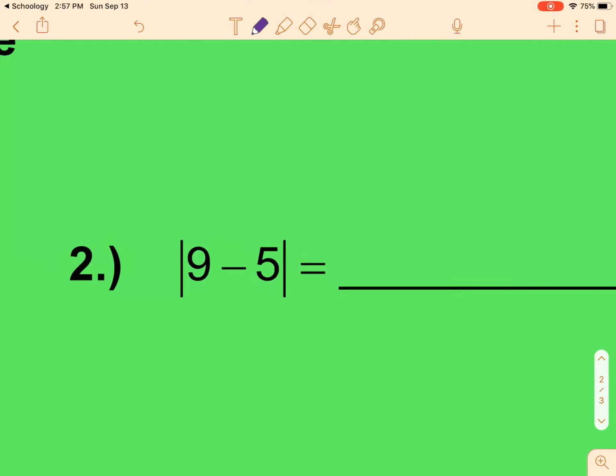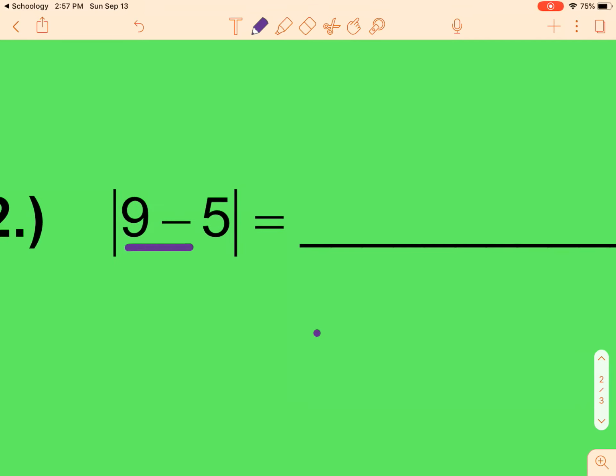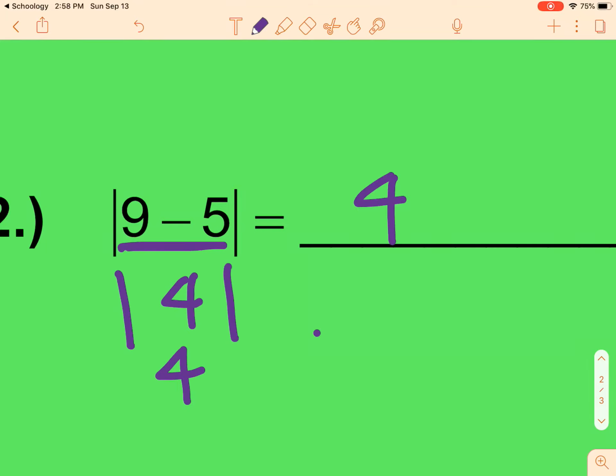We have one last problem. Now, when everything is inside the absolute value, we need to solve the problem first. So 9 minus 5 gives us 4. So I still keep my absolute value sign. And now what is the absolute value of 4? Right, it is just 4. So our answer is 4.